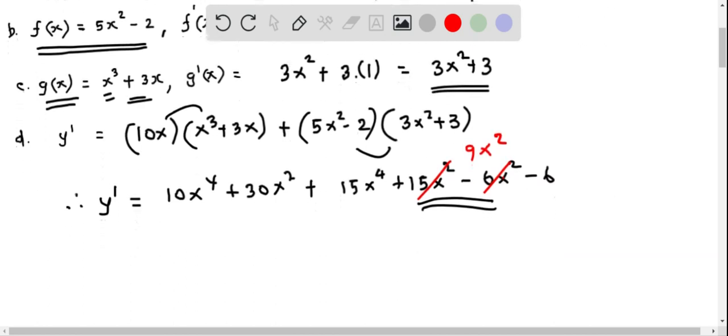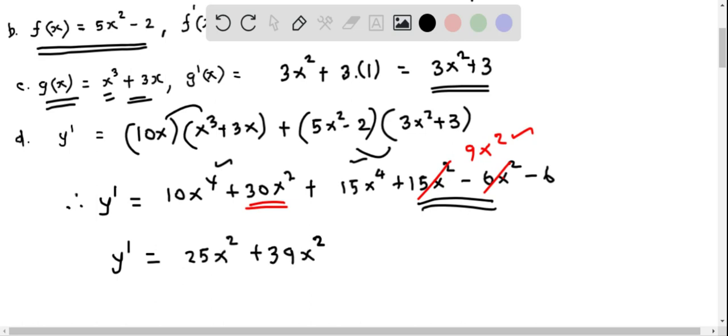Now let's simplify. So we have y prime equals 10x to the power 4 plus 15x to the power 4, which is 25x to the power 4. We then have 30x squared plus 9x squared, which is 39x squared. And finally, we have this negative 6.